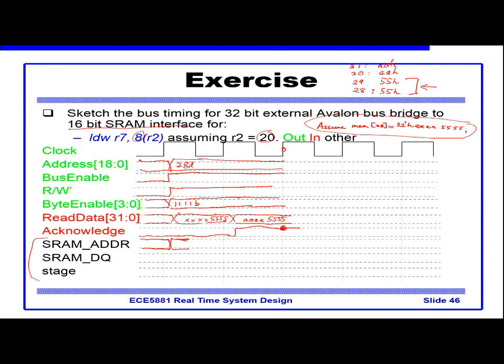All right, we've got the 28 decimal on the bus bridge. But now we've got to send this on to the SRAM, and we want to do the low byte first. This guy here. Okay? So what is the answer? 28 is wrong.